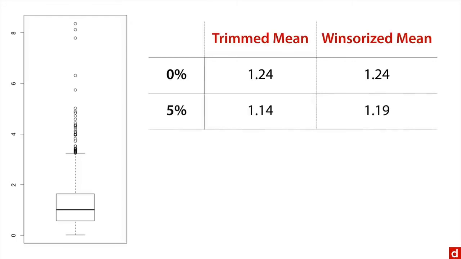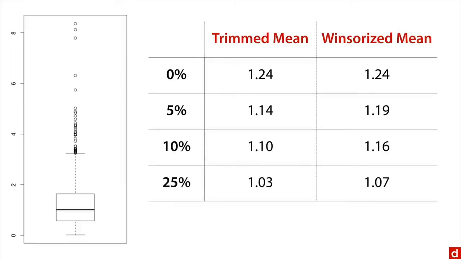But as we trim off 5% or move in 5%, you can see that the mean shifts a little bit. Then 10%, it comes in a little bit more to 25%. Now we're throwing away 50% of the data, 25% on the top, 25% on the bottom. And we get a mean here of 1.03, that's the trimmed mean, and a Windsorized of 1.07.